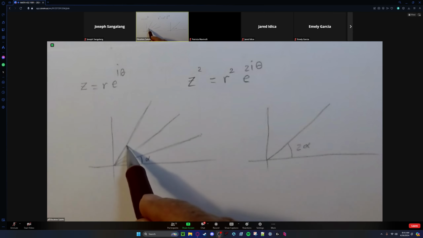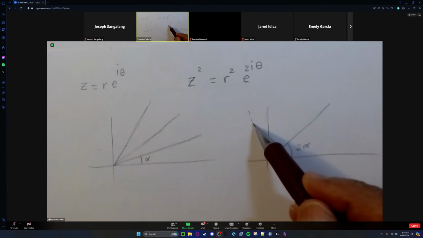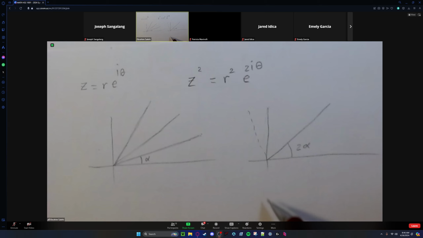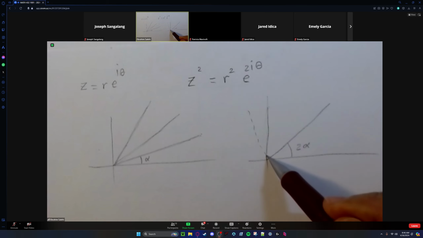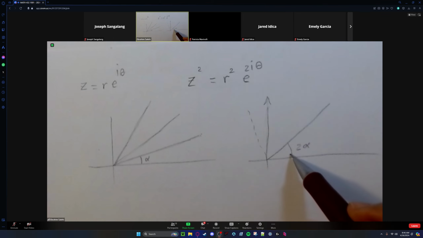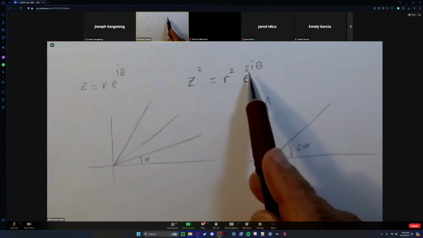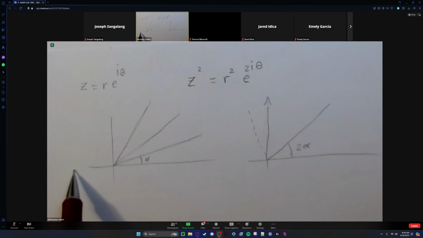When you square it, it becomes 120 degrees, so it becomes here. Eventually, this ray, the y-axis, when theta is 90 degrees or pi over 2, when you square it, it becomes twice, which is pi.